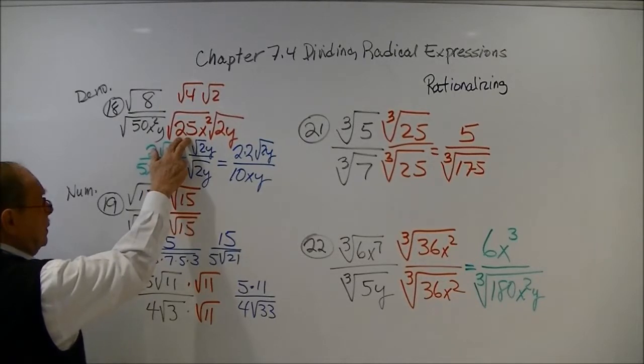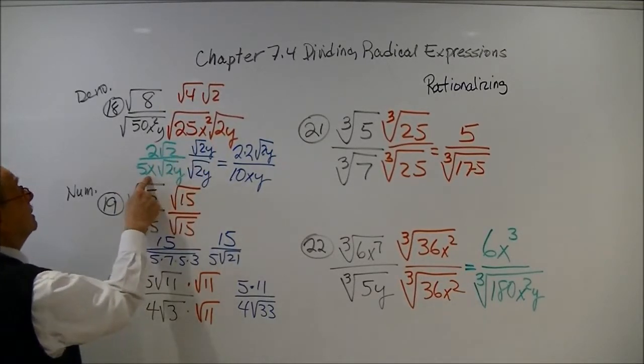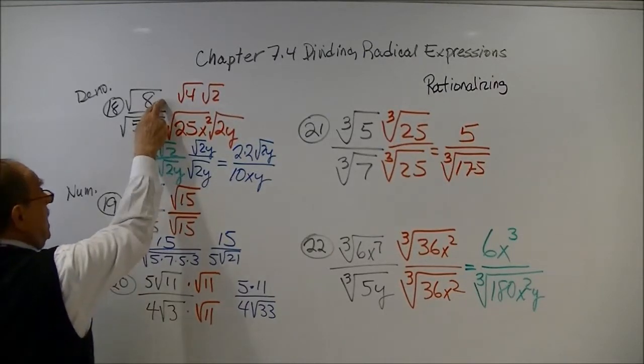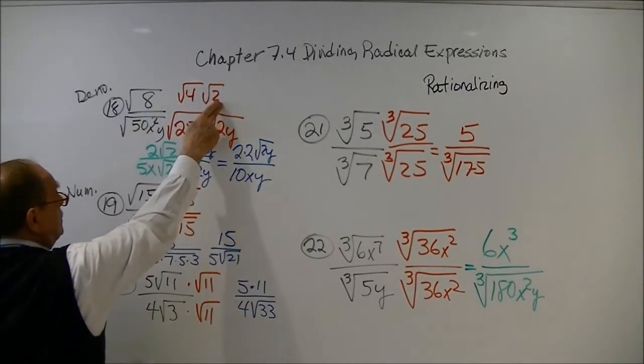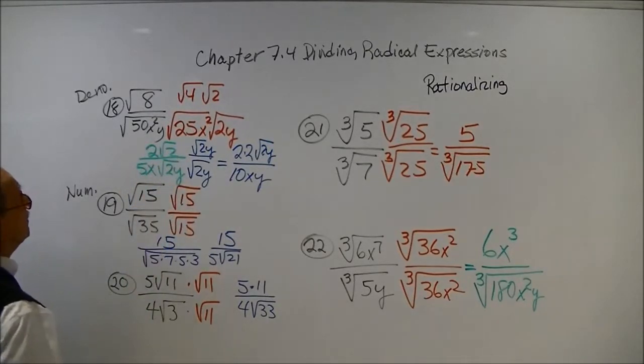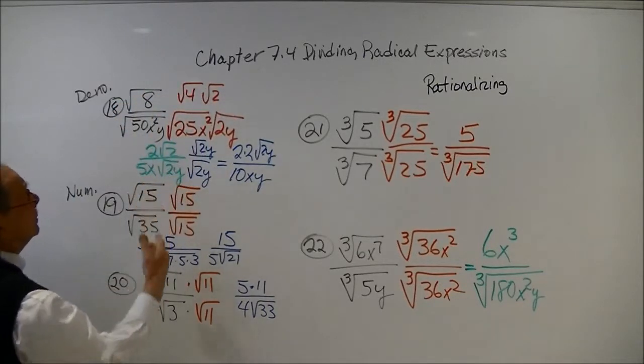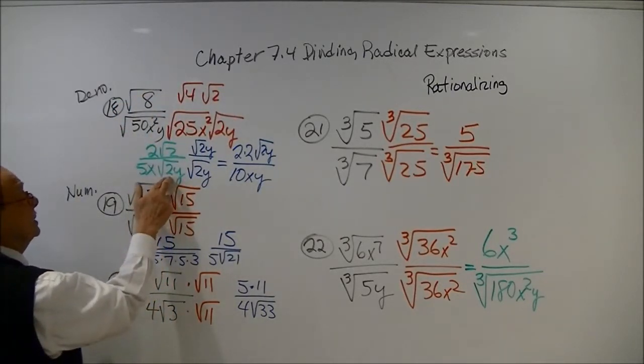So the square root of 25 is 5. The square root of x squared is x. And then for 8, we have 4 times 2. Square root of 4 is 2, the square root of 2. So this is sort of what I have as I prepare to rationalize this denominator.